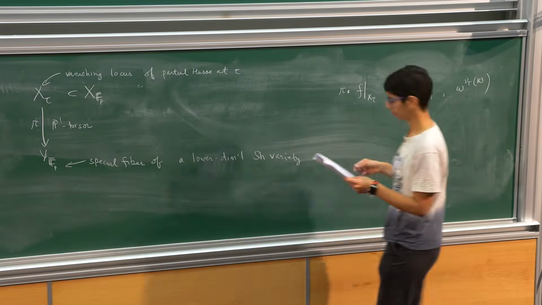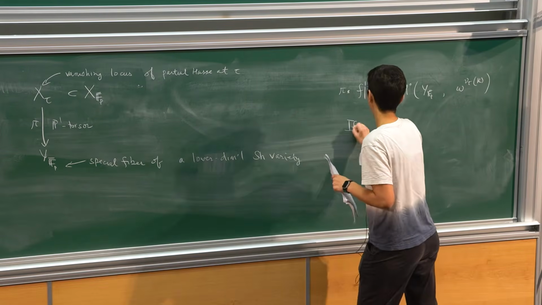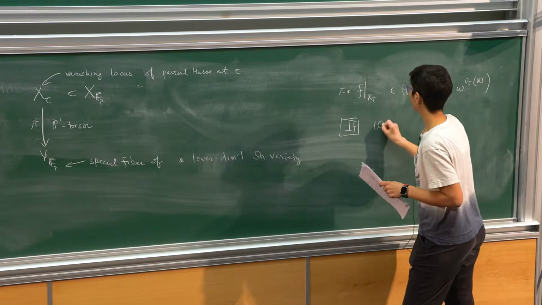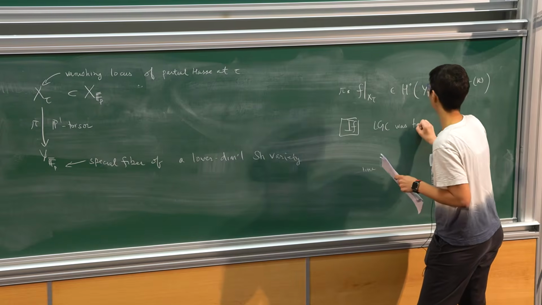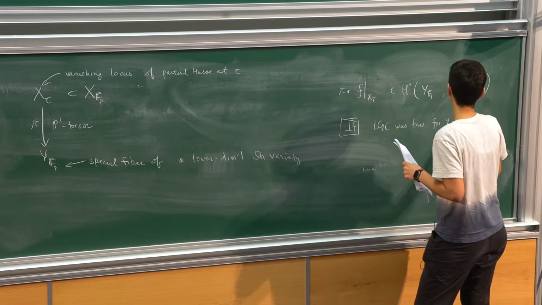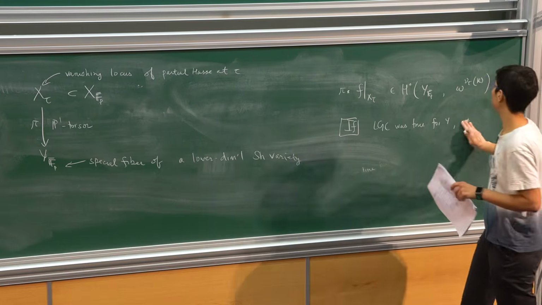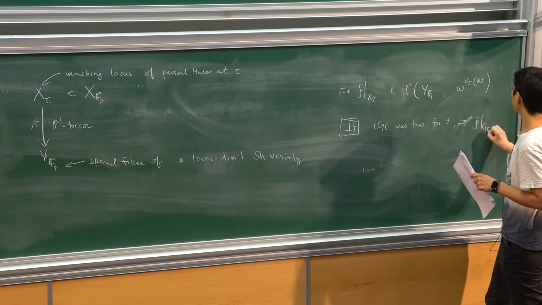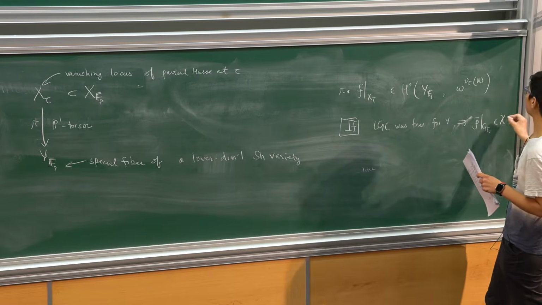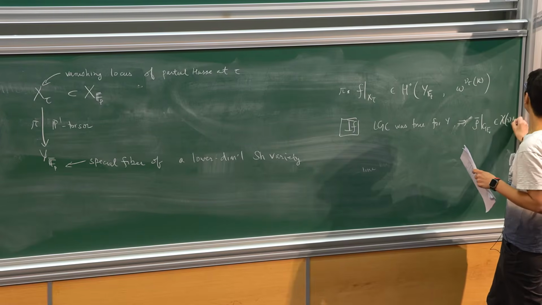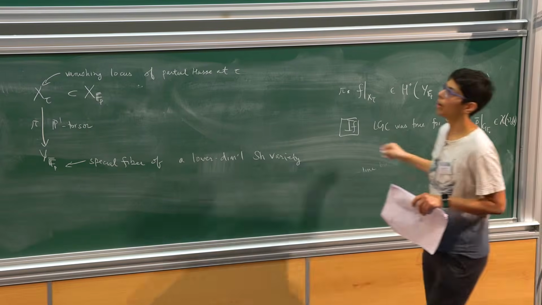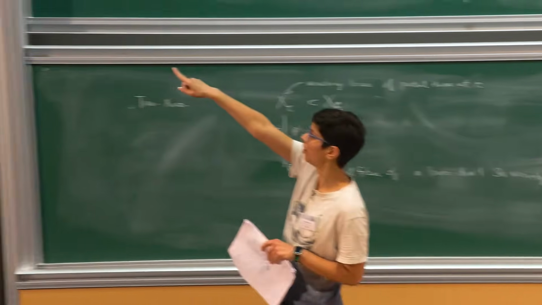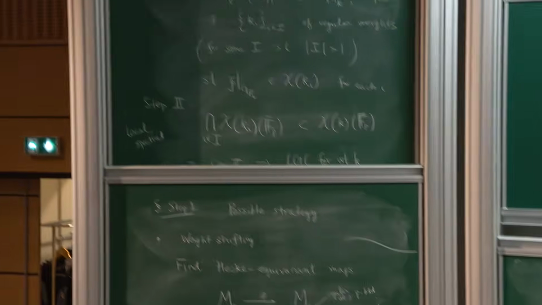Right? So once again, if local global compatibility was true for y, we would be done. We would have shown that rho bar GFV lives in the locus x nu tau k, which would help us fulfill step 1.